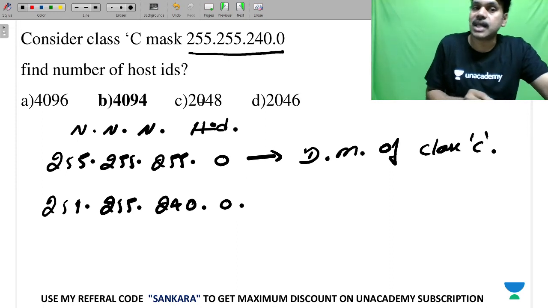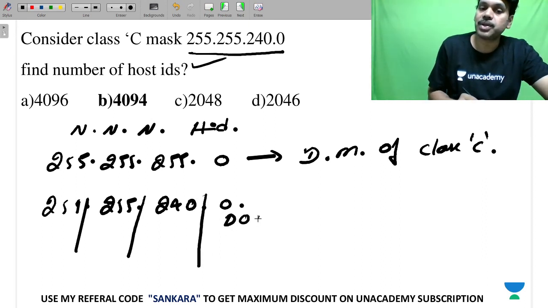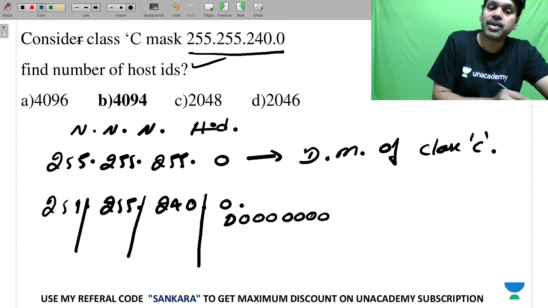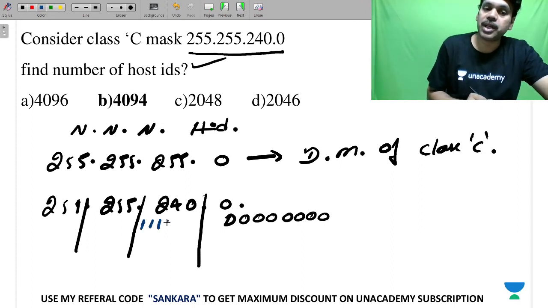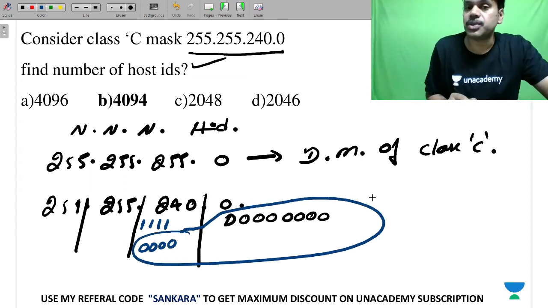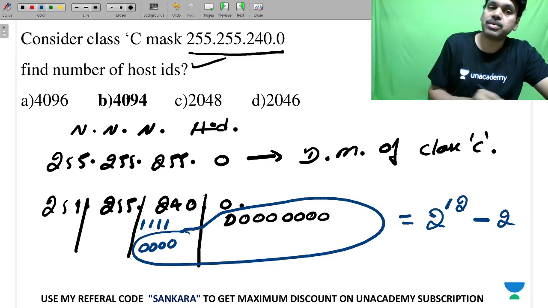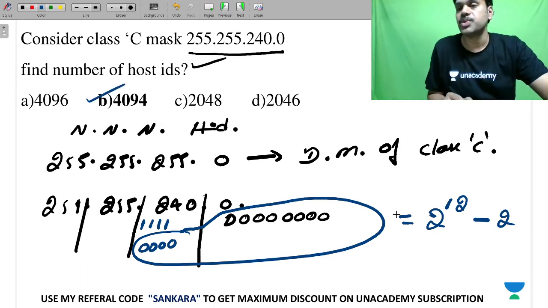He is asking the number of HIDs, so how many zeros are there? These are all ones, all ones, all zeros. 240 in binary is 1 1 1 1 0 0 0 0. So how many zeros? 2 power 12 zeros. So the number of HIDs is 2 power 12 minus 2. So your answer is 4094.